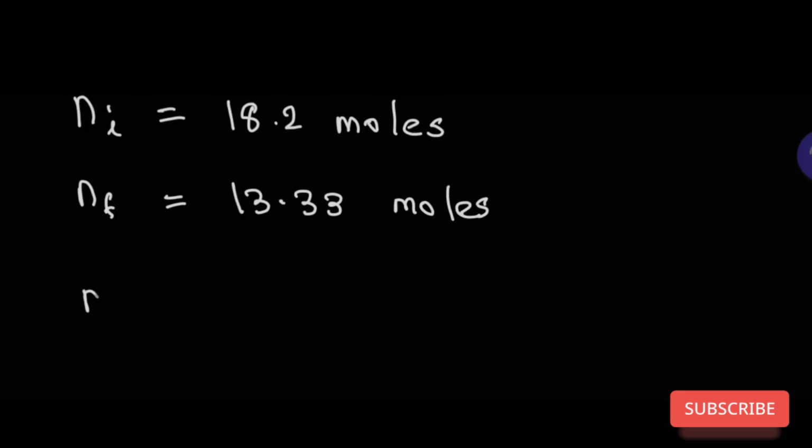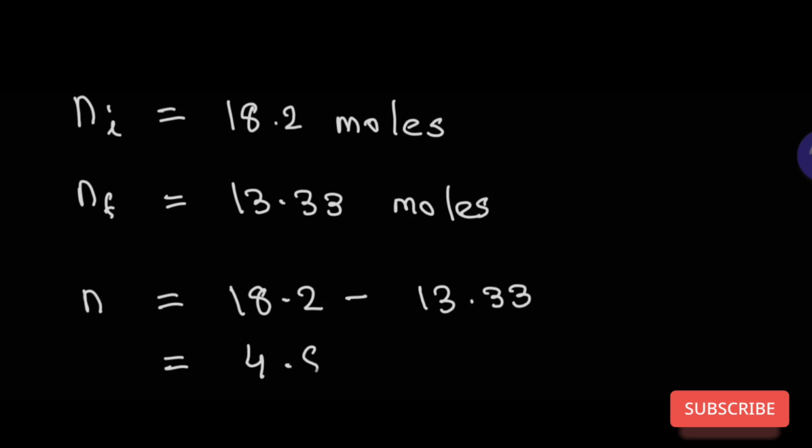So the number of moles of oxygen removed, n, is equal to 18.2 minus 13.33, which is equal to 4.87 moles.